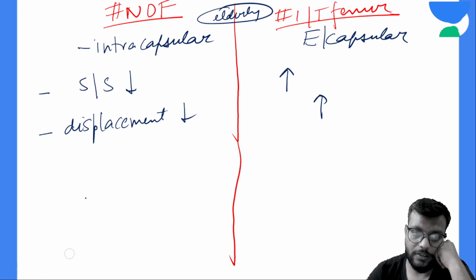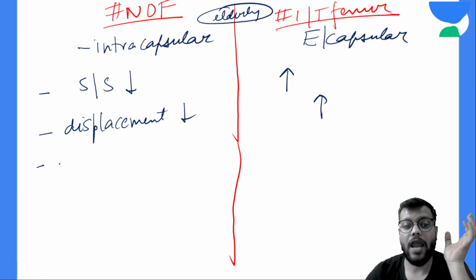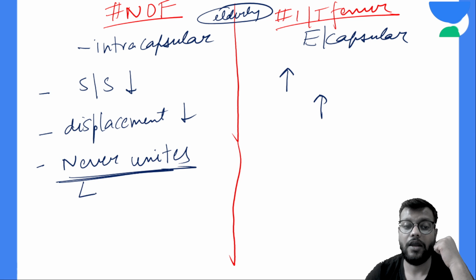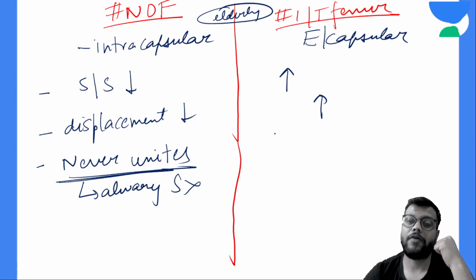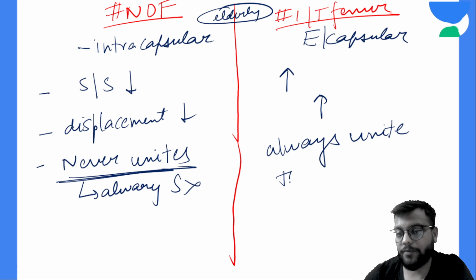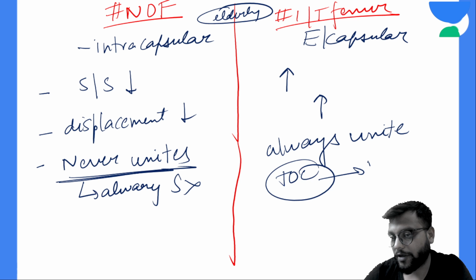Displacement will be less, displacement will be more. And here, a very important thing about the neck of femur fracture is that it never unites. That's why surgical treatment is always done, whereas IT femur fracture is a fracture which always unites. So you can go for the conservative management, but the treatment of choice is PFN, that is surgery.